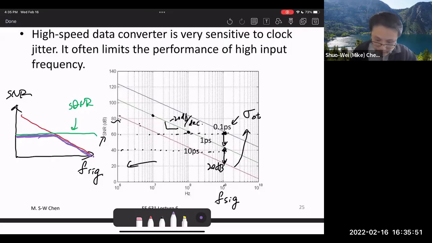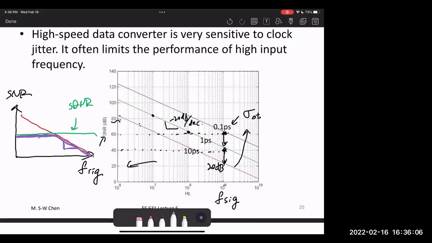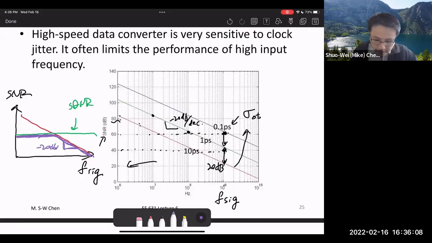So this is very interesting because if you look at the very high frequency, when the signal frequency is very high, what is the slope here? 20 dB per decade, right?